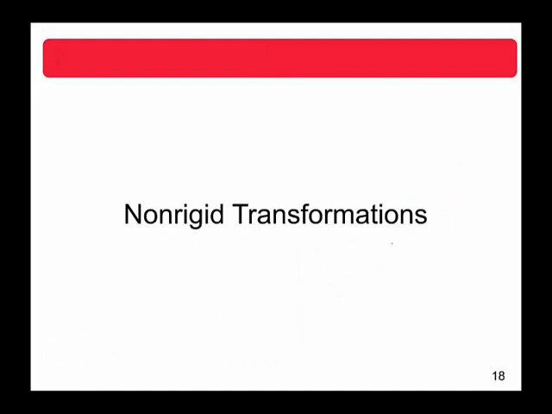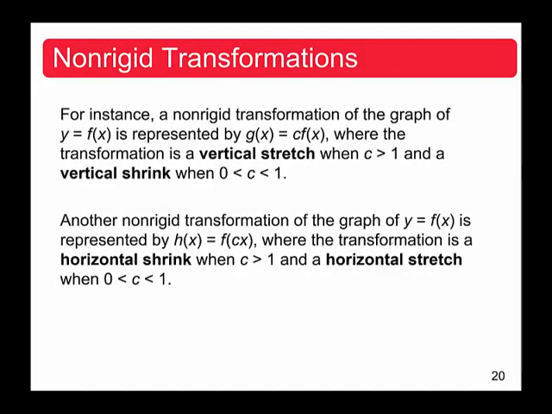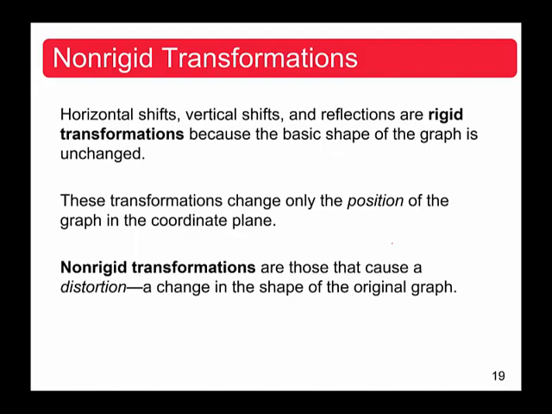Now, up to this point, we're talking about rigid transformation. Again, all these horizontal shifts, vertical shifts, and reflections are rigid transformations because the basic shape of the graph is unchanged. And this transformation only changes the position of the graph in the Cartesian system.